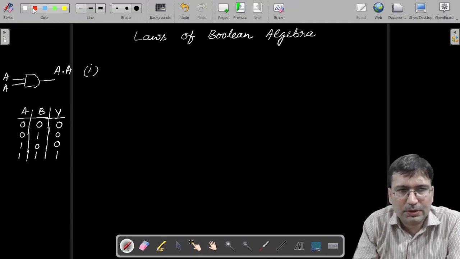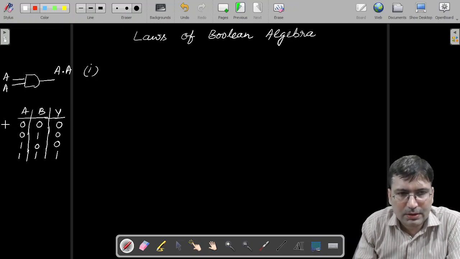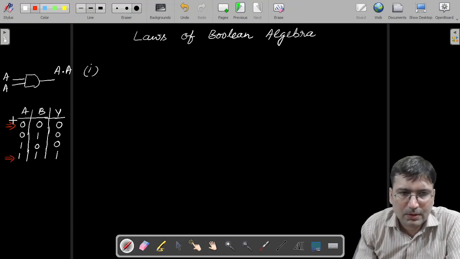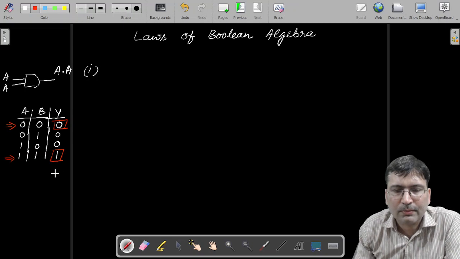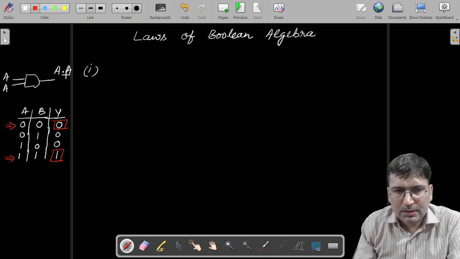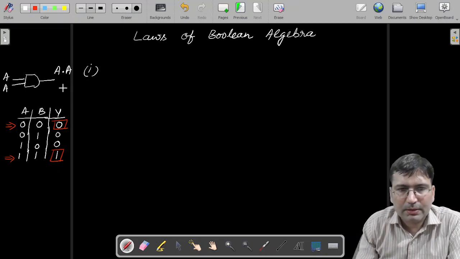So we are just focusing on these two cases where both inputs are the same. If we give 0, we get 0, and when we pass 1, we get 1, right? So that means A dot A is equivalent to A only.